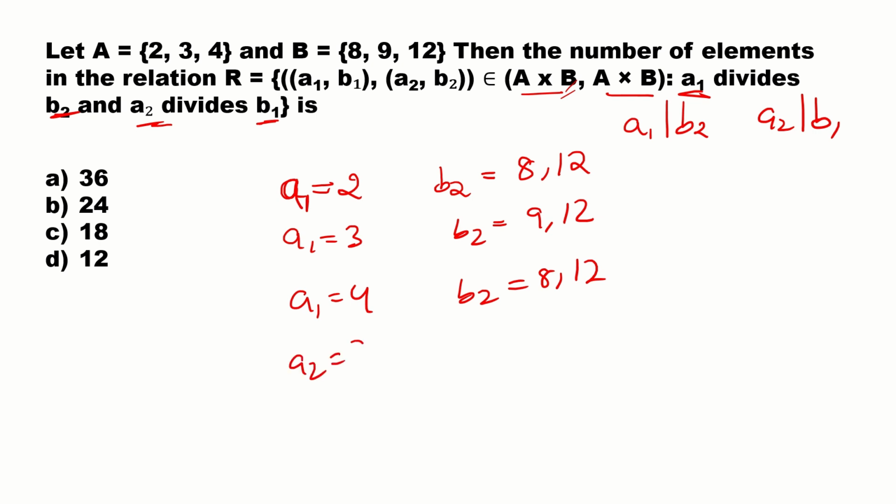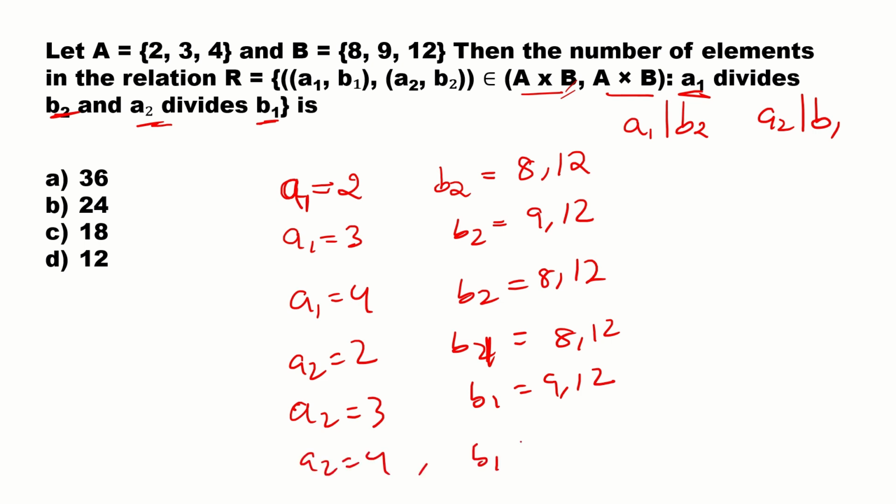Similarly, for a2, b1: a2 equals 2, b1 would be 8 or 12; a2 equals 3, b1 equals 9 or 12; a2 equals 4, b1 equals 8 or 12. So that's all the possible values of a1, b2 and a2, b1.